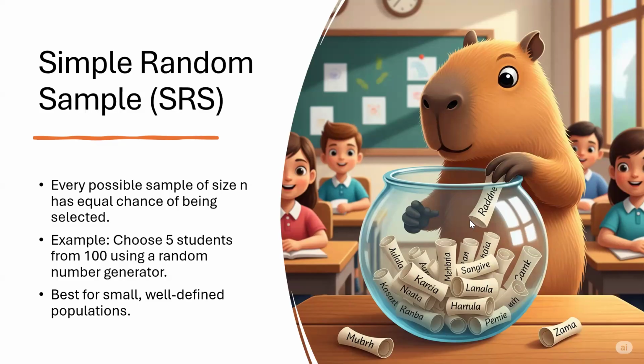Simple random sampling helps eliminate selection bias and is great for small, well-defined populations. Tools like random number generators and Excel's RAND function make it practical even at larger scales. It's what Shield might use to choose random agents for training. Everyone has the same chance of being picked, even if some of them are, say, less enthusiastic about leg day.